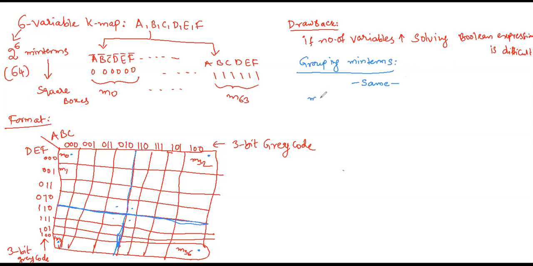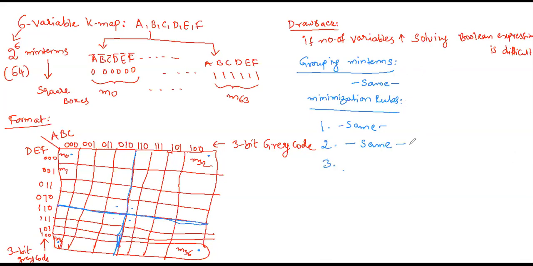Next, the minimization rule. The first and second points are the same. We should not leave any minterm out of the grouping, and the final expression should not have any redundant term.